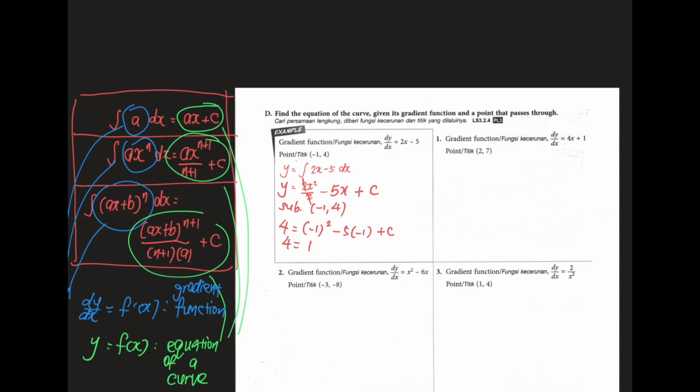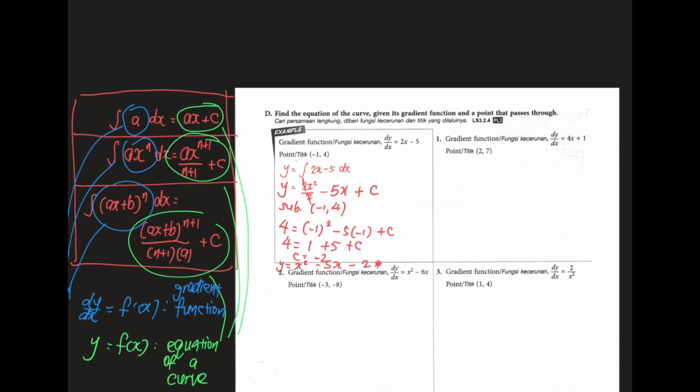So 4 equals 1 plus 5 plus c. c equals 4 minus 6, which is negative 2. And then we get y equals x squared minus 5x minus 2. Okay, so we get the equation of the curve.